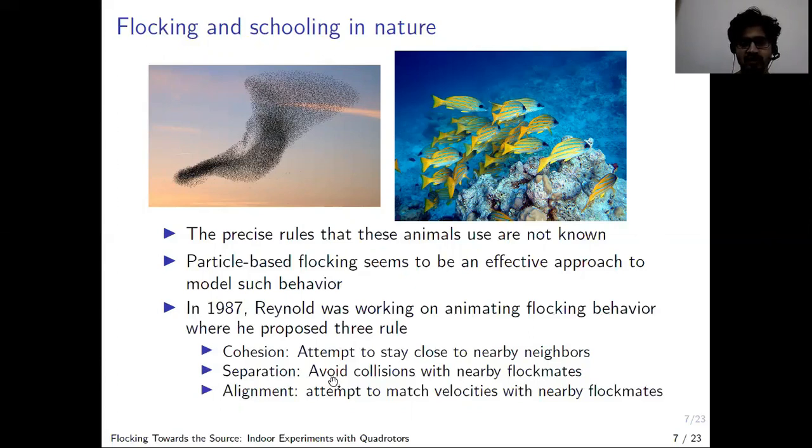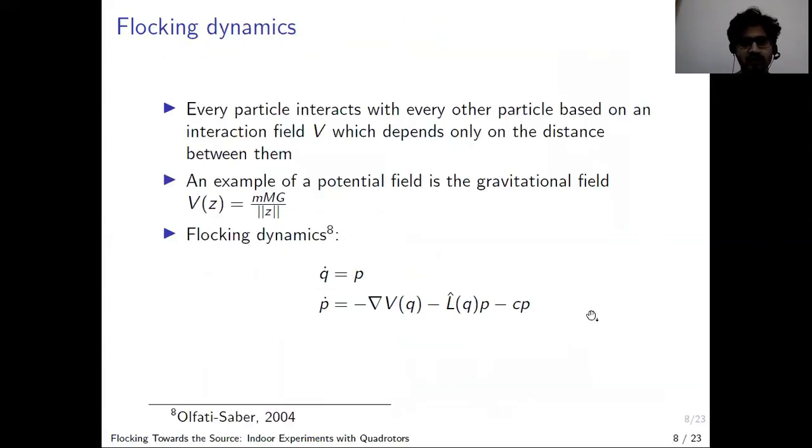When written in precise mathematical form, we obtain flocking dynamics as in 8, where q is the position and p is the velocity. So this term here can be seen as a forcing term because p dot is acceleration. V here denotes the particle-particle interaction field, and one can think of this as a force field. An example of a potential field is that of a gravitational field.